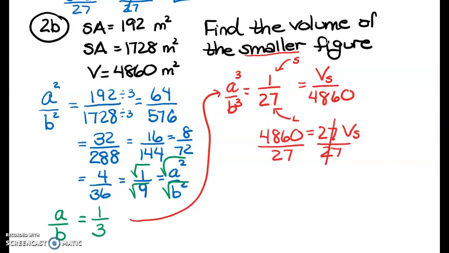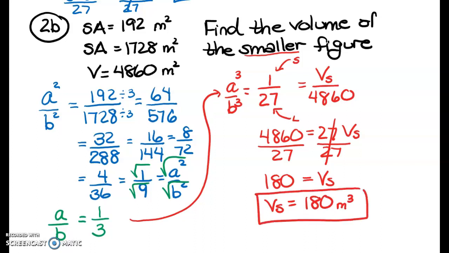When I divide by 27, hopefully that's a nice whole number. And it is. I get 180 for my volume, and I have to remember that I need to provide dimensions. 180 meters cubed for volume. I think I wrote this down wrong up here, cubed.